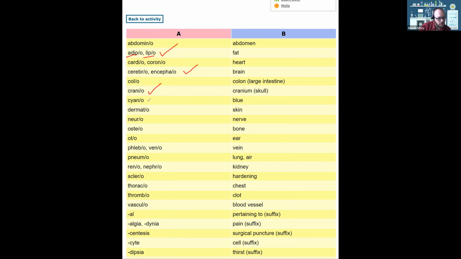What else did we not look at? The color blue, skin, hardening, clotting, this one here, sentis.